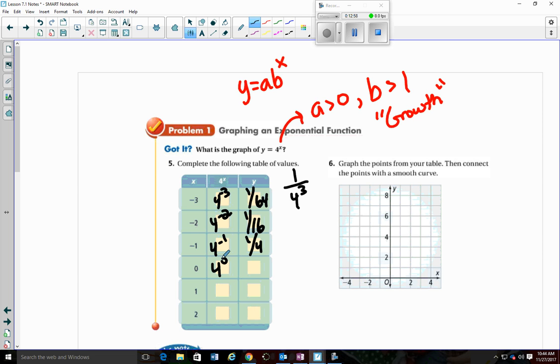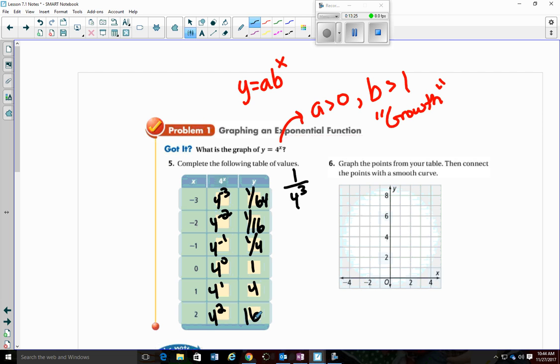What's anything to the power of 0? 1, yes. So 4 to the power of 0 would equal 1. 4 to the power of 1 is 4, and 4 squared is 16.